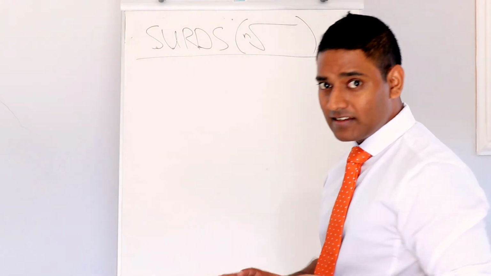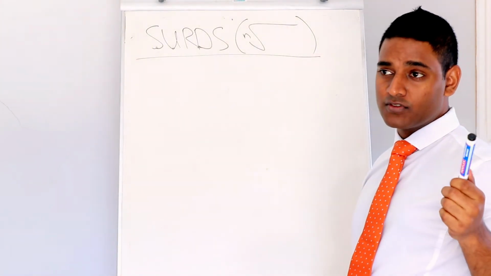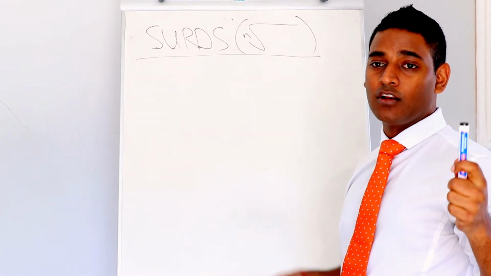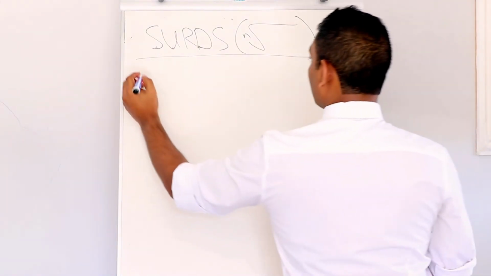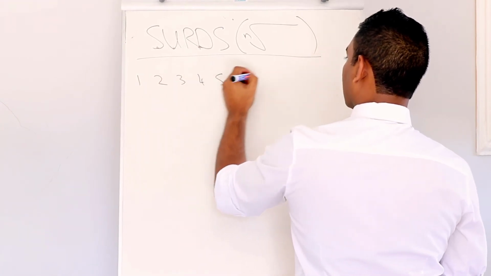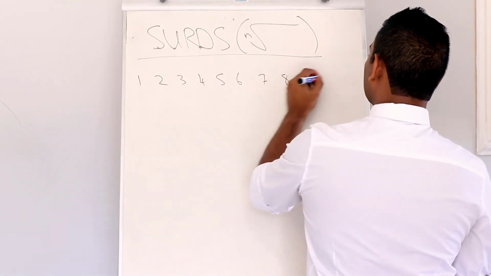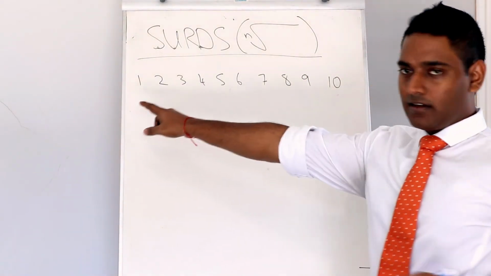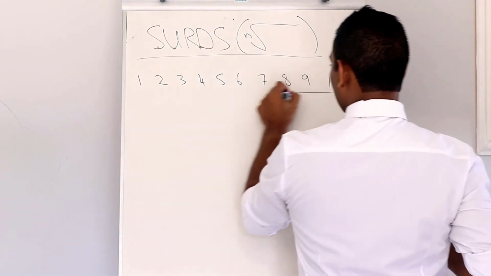So the key to surds is to know your square roots. Initially you'll be using a lot of square roots, so let's go through the basic numbers from 1 to 10. We want to find out what the square is.